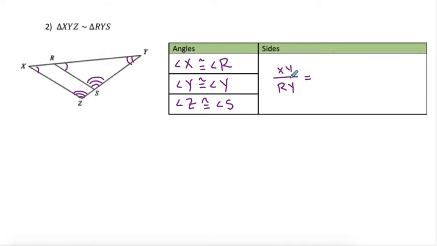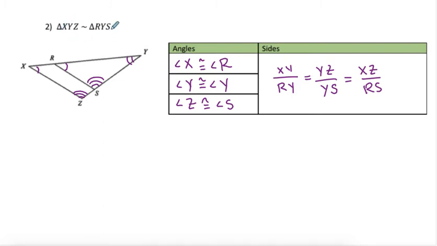And it's proportional to YZ, this whole side of the first triangle, and YS on the second smaller triangle. Let me try again. YS. And then the third sides, XZ and RS.